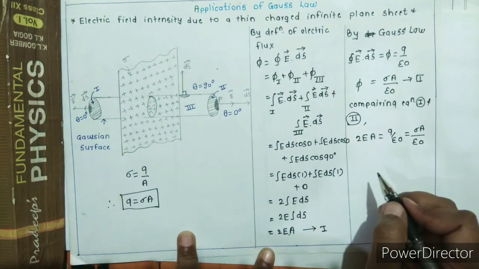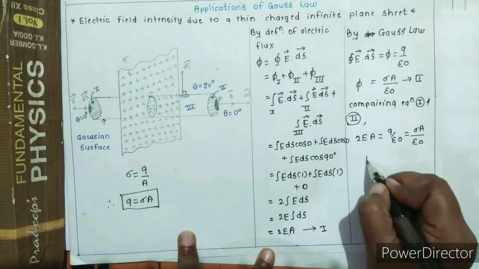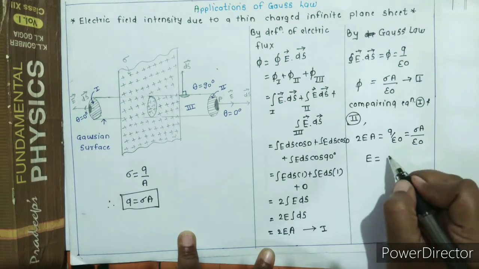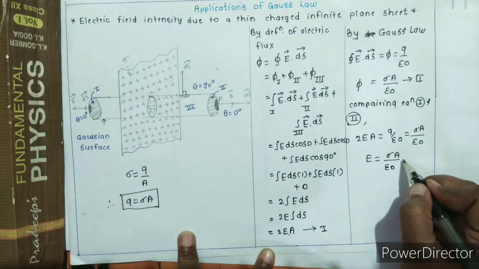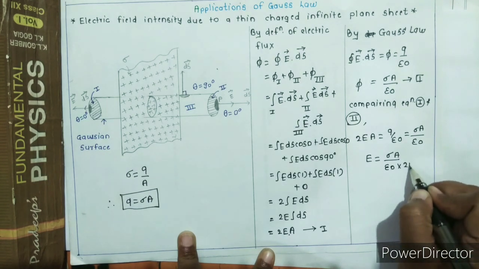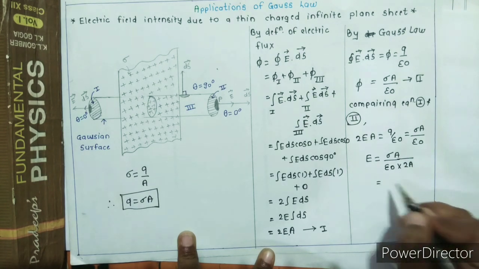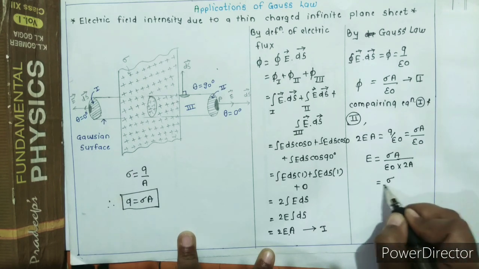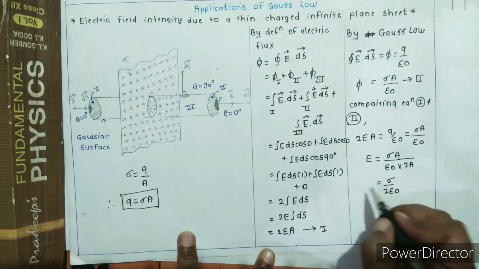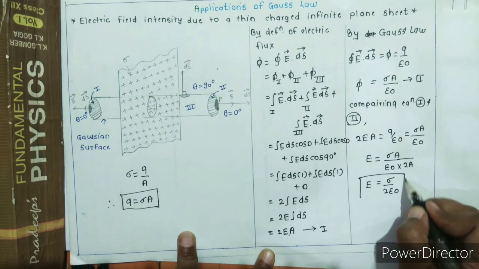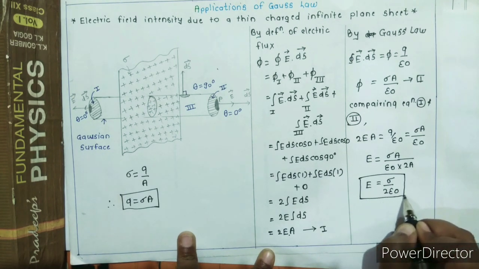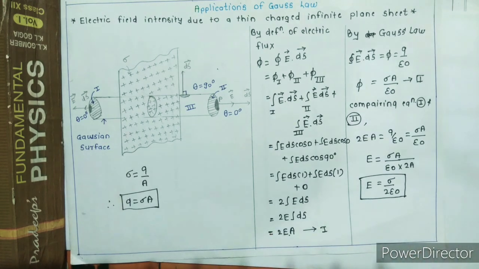Now I have to modify this equation in terms of electric field intensity, that is E is equal to sigma A upon epsilon 0 into 2A, which is equal to sigma upon 2 epsilon 0, that is the electric field intensity at a point due to a thin charged infinite plane sheet. Understood? Thank you.